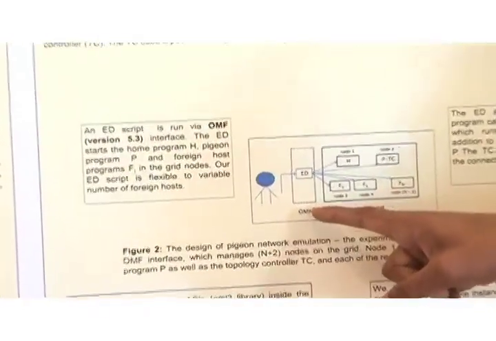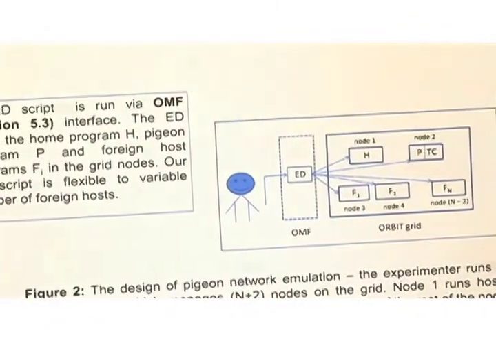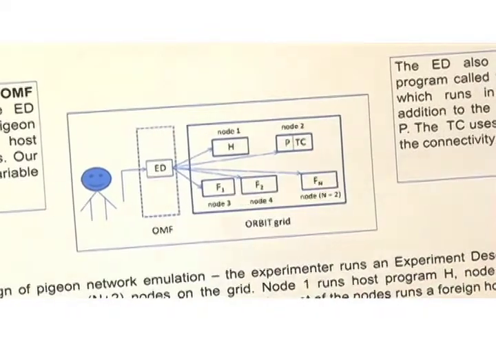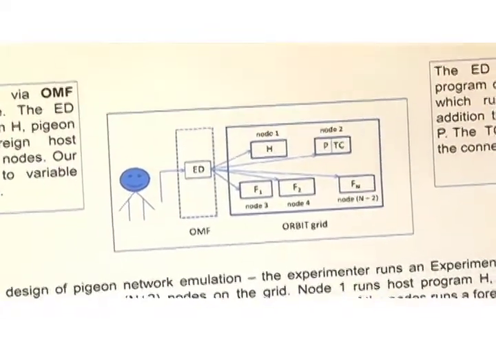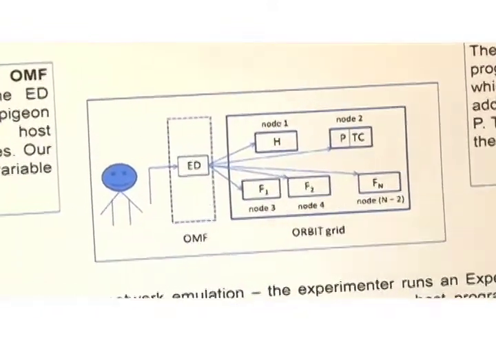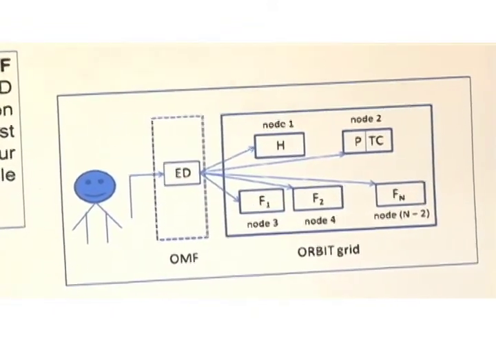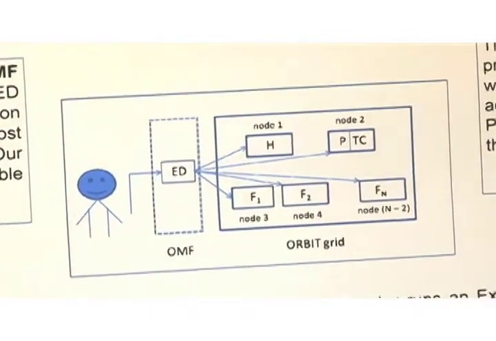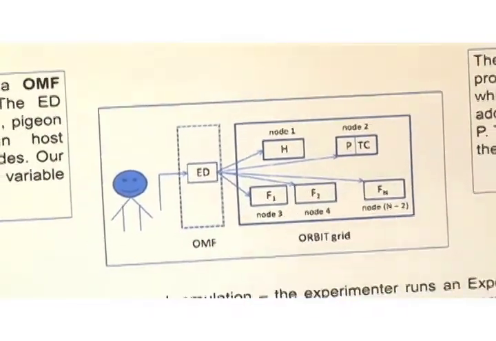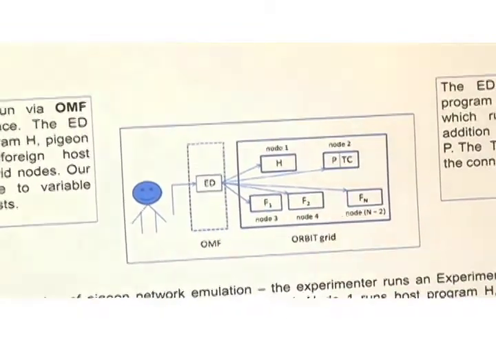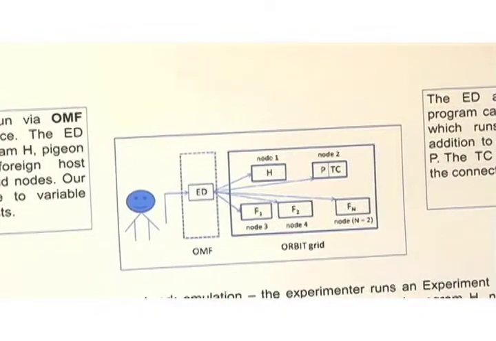So here we can see an experiment description is run by the OMF interface, and then we can see that on the ORBIT testbed, if we have to emulate say n+2 nodes, then we have to use the physical n+2 nodes, and we have to decide which one will be the emulated message carrier, which one will be the home host, and which other n nodes will take the role of foreign hosts.